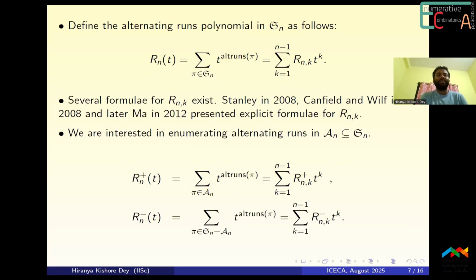Here we are interested in enumerating alternating runs in the alternating group. So we are interested in the polynomials Rn plus of t and Rn minus of t, where Rn plus of t denotes the alternating runs enumerating polynomial over the even permutations, and Rn minus of t denotes the alternating runs enumerating polynomial over the odd permutations.